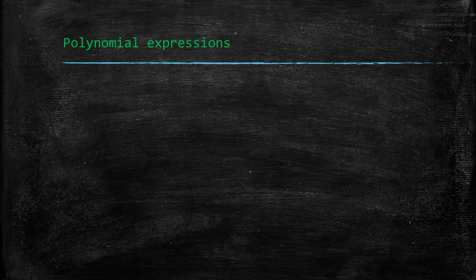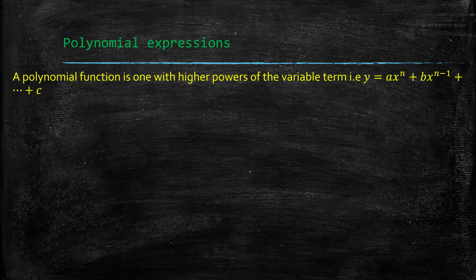Last but not least, we want to end by talking about the polynomial expressions. A polynomial function is one with higher powers of the variable term. What are we trying to mean? When we talk about a polynomial, it is one which can be in the form of ax power n plus bx power n minus 1 plus, then plus c.